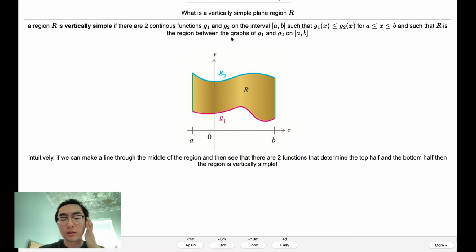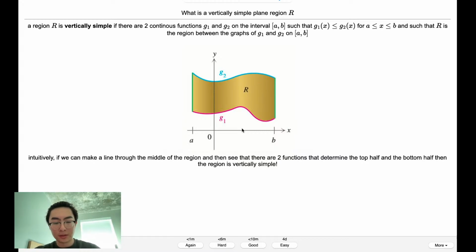There are two continuous functions, g1 and g2, on the interval [a, b] such that g1 is less than or equal to g2. So I guess there are two functions that determine the top half and bottom half of the region.